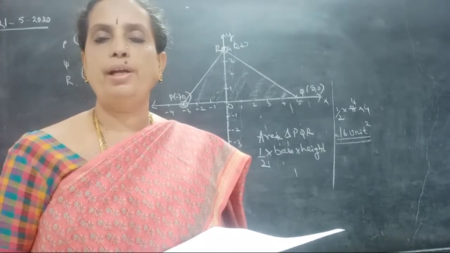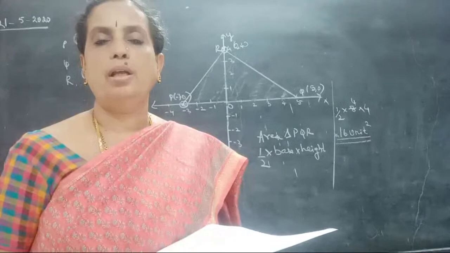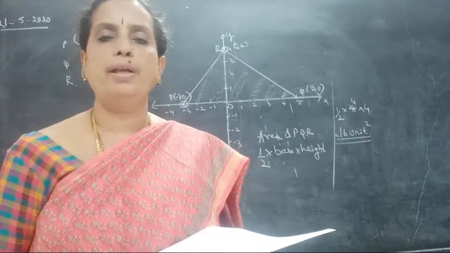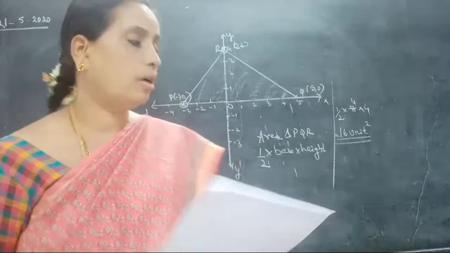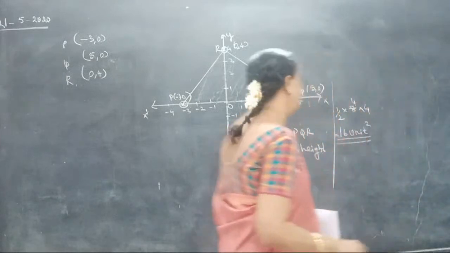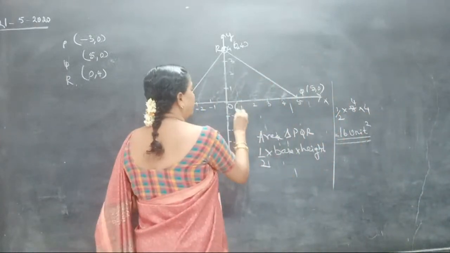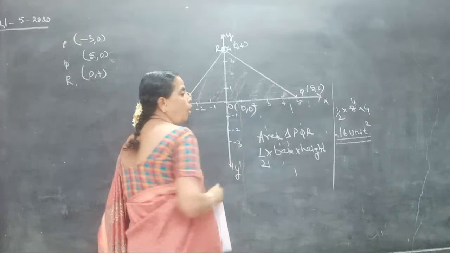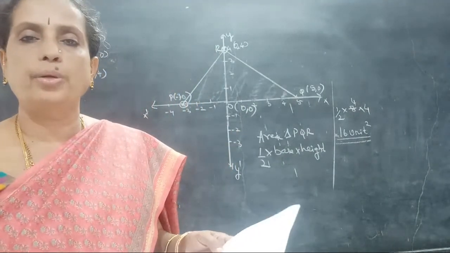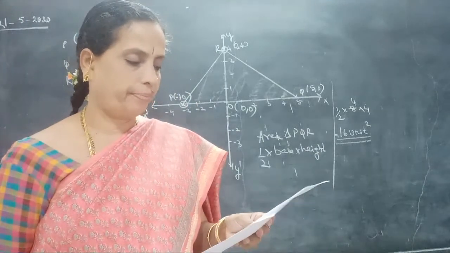The point of intersection is the origin, and its x coordinate and y coordinate are 0, 0. The origin has the ordered pair (0, 0), not (x, y). It is (0, 0). Next.